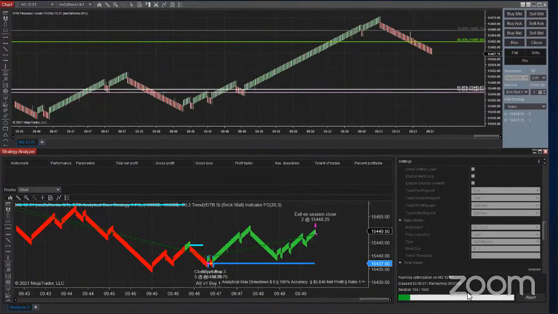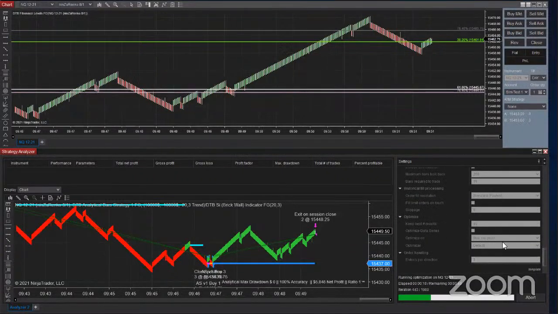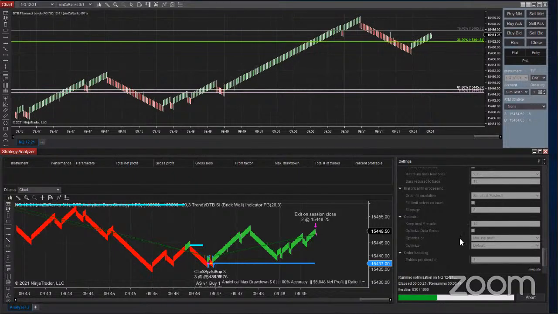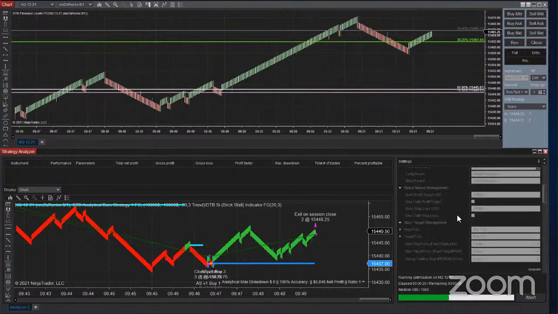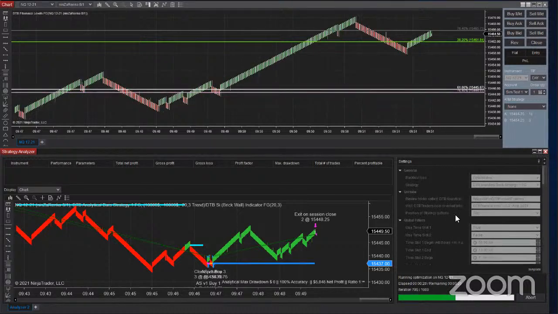So as soon as that's done, I'm going to apply these settings and then we can get going from there. Still taking a bit long for my liking, but that's okay.